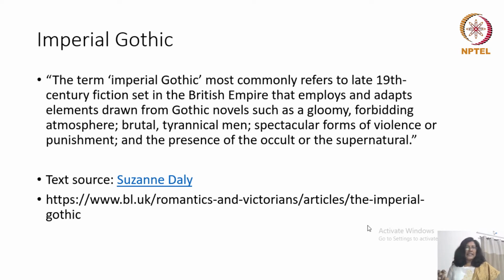In the late 19th century, the British Empire is at its height, and this Gothic mode makes use of some of the key attributes that we find in Gothic novels, such as a bleak and threatening atmosphere, cruel, cold-hearted men, horrifying brutality or violence, and it also displays elements of the occult, mystical, and the spiritual.